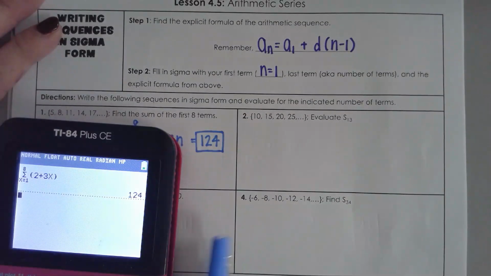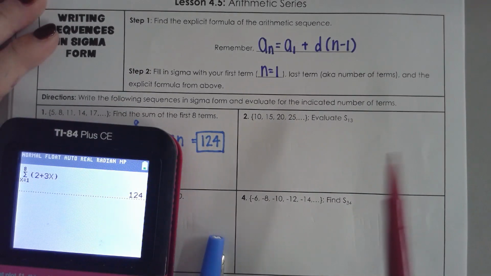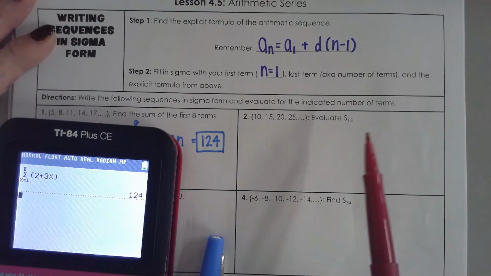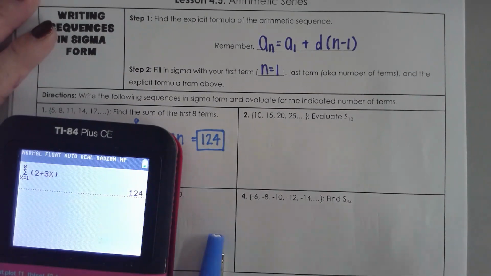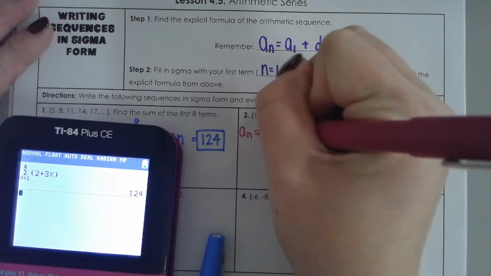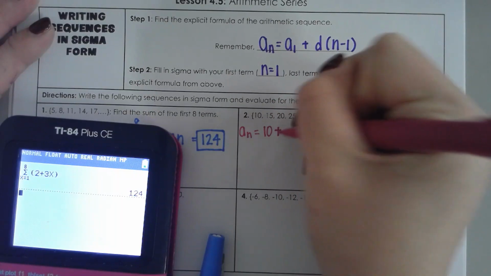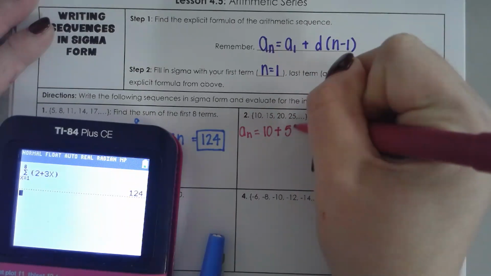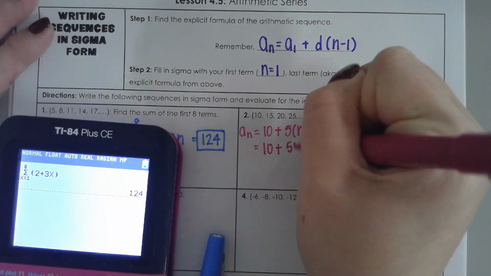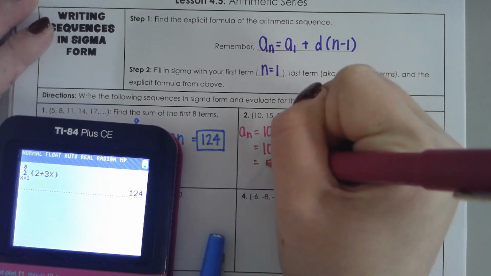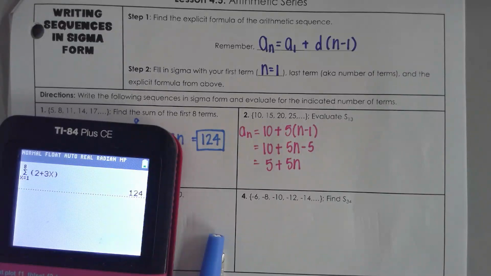Alright, number 2. I have the sequence 10, 15, 20, 25. Find the sum of the first 13 terms. So, I'm going to start with my formula. a(n) equals a1 plus, what's my common difference? 5 times n minus 1. Distribute and simplify.